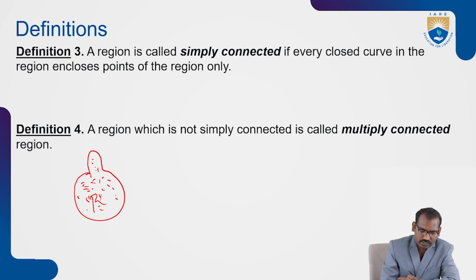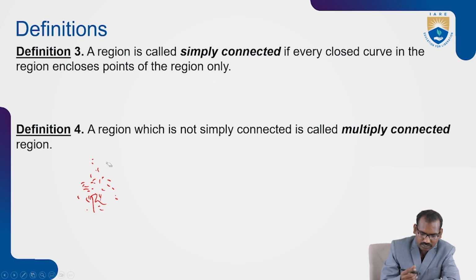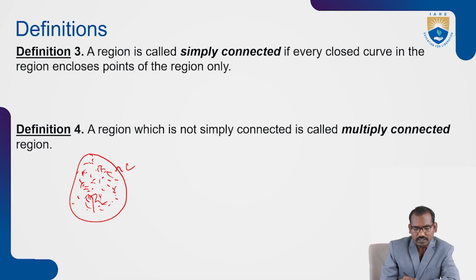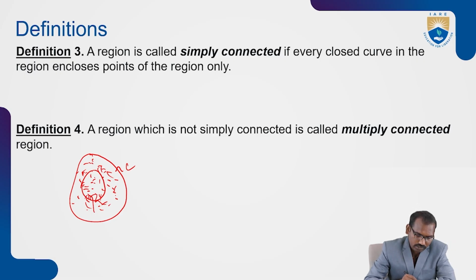This is the curve, and this region is said to be simply connected when, if I take any closed curve, every closed curve in the region encloses the points of the region only.